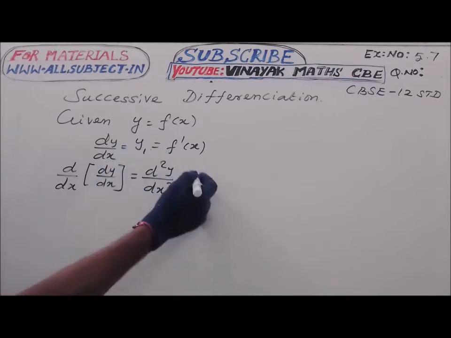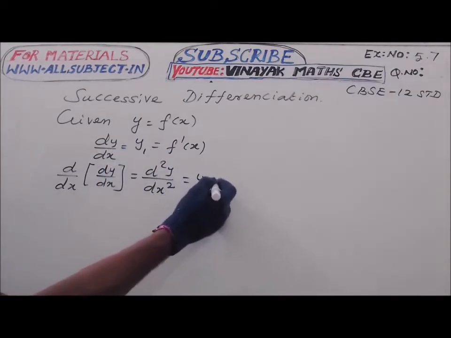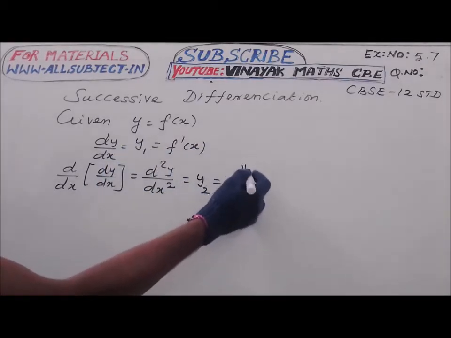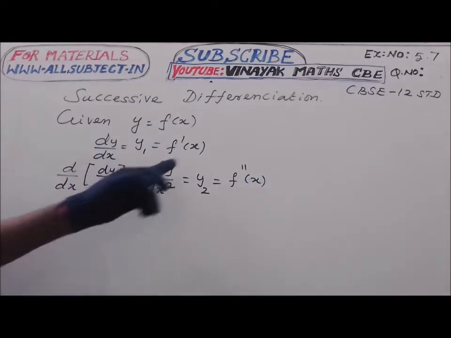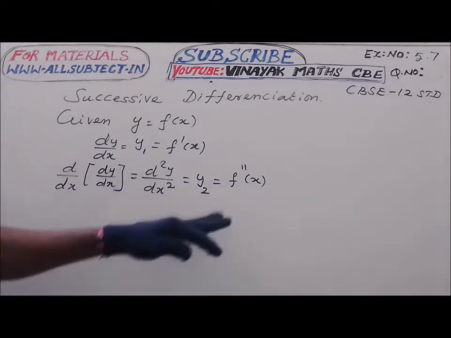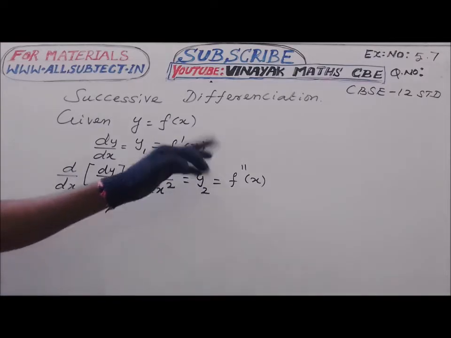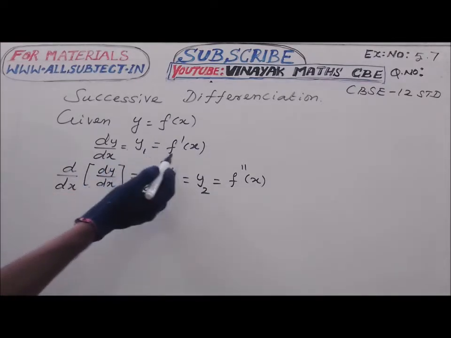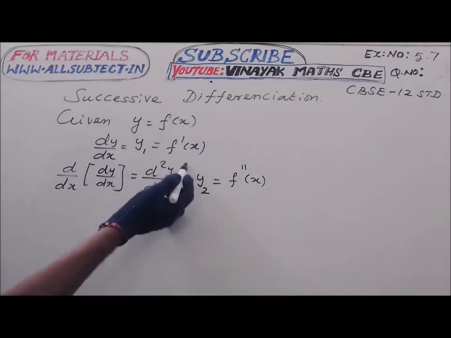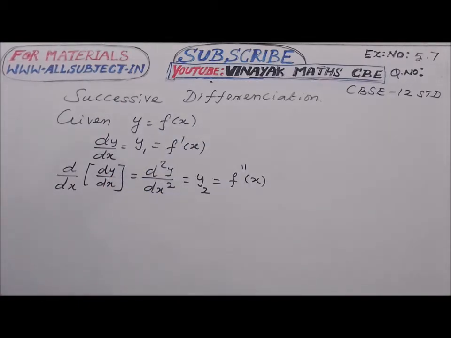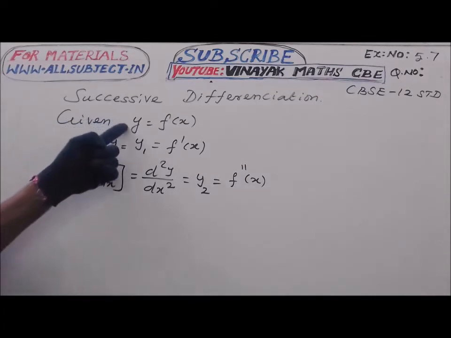It is also denoted by y2 or f double dash of x. f dash means first derivative, f double dash means second derivative. After finding the first derivative, differentiating it with respect to the same variable, we get the second derivative f double dash of x.